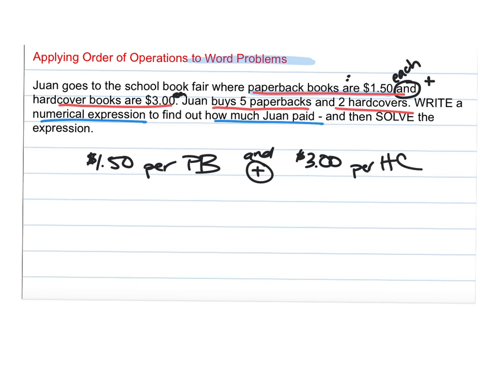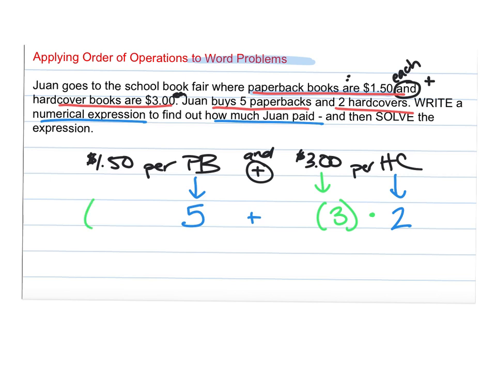Okay, well, what I know is that he bought 5 of these. So he got 5 paperback books. And I also know that he got 2 hardcover books. So then what I know is that if he's got 2 of them and he paid $3 for each of them, doesn't that mean we're just doing 3 times 2?